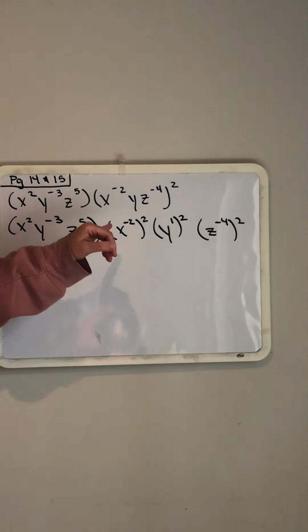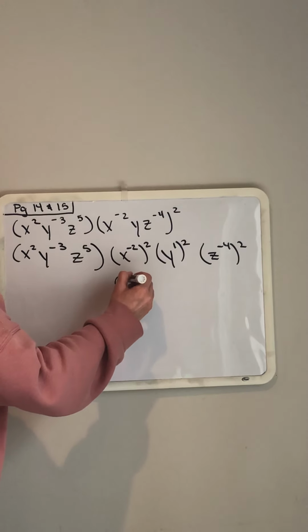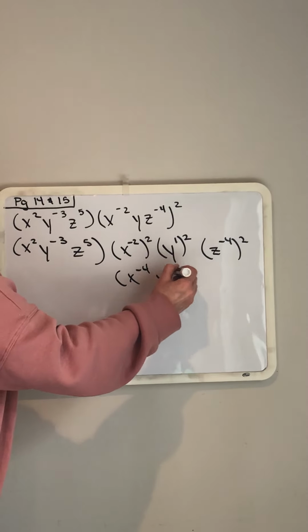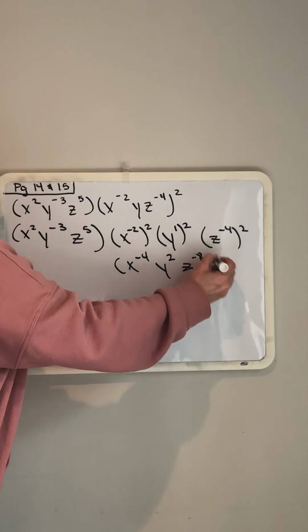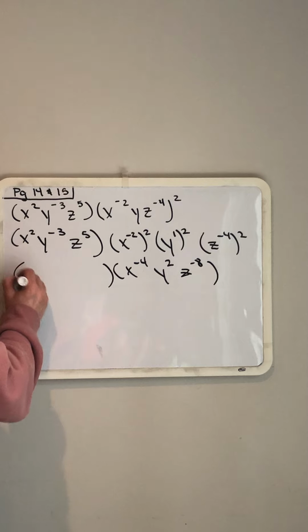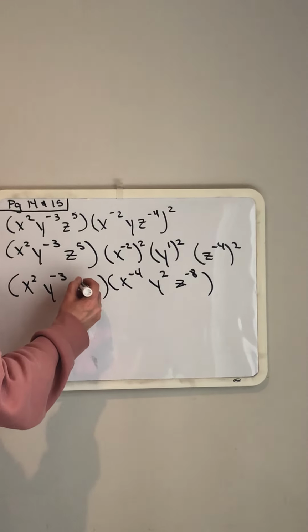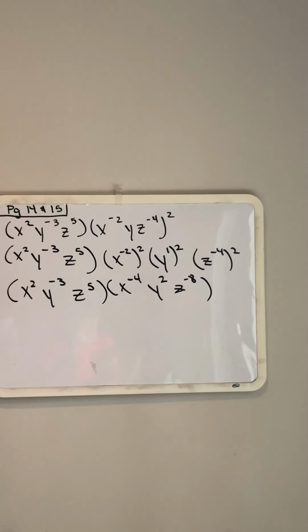Now, double powers have to be multiplied. So this becomes x to the negative fourth, y to the second, z to the negative eighth, and this is still x to the second, y to the negative third, z to the fifth.